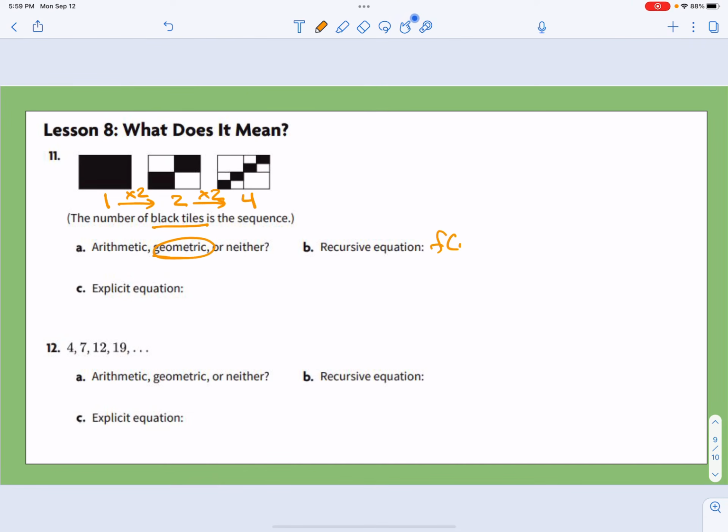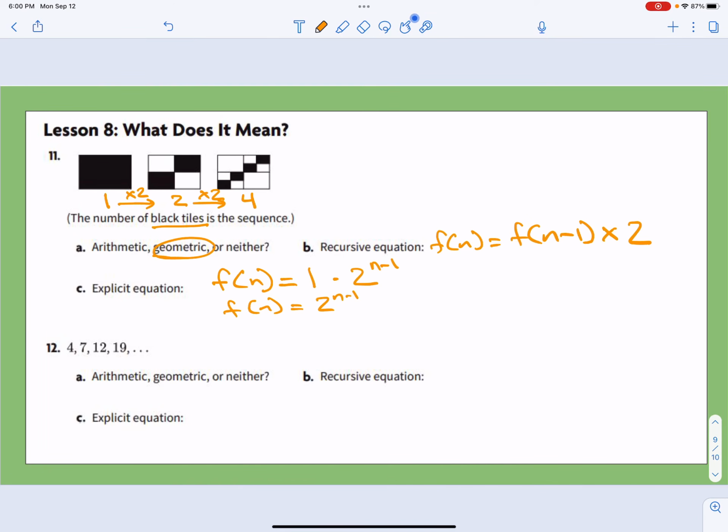So our recursive will be f of n is equal to f of n minus 1 times 2. Now, for our explicit equation, f of n is equal to our starting value times the rate of change to the n minus 1 power. Of course, that could be rewritten without the 1 right there. You don't need a 1, and just say 2 to the n minus 1 power.